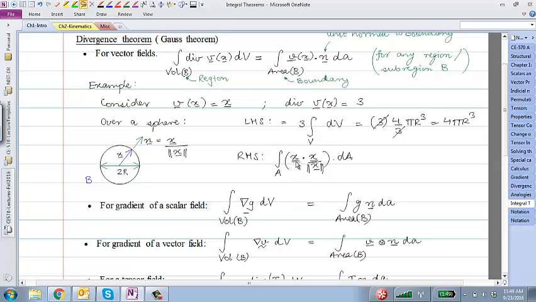Can we simplify this? x dot x, what is that? That's right, it's magnitude squared, and we are dividing it by the magnitude. So the result of all of that is nothing but the magnitude of x. I want to integrate the magnitude of x all over the surface of this body. Now, if I go to any point on the surface of that body, what is the magnitude of x equal to?